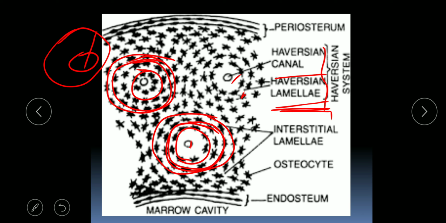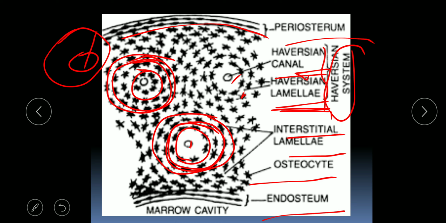So canal plus lamellae forms the Haversian system. Then there is interstitial lamellae. These are osteocytes. The outer region is periosteum, the inner region is endosteum, and there is the marrow cavity, that is the bone marrow. So this is the TS of bone.